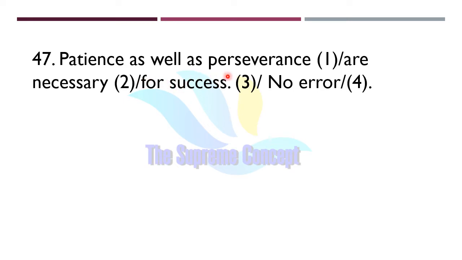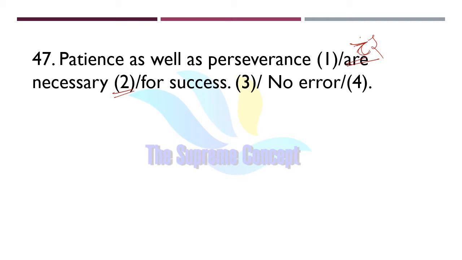Patience as well as perseverance are necessary for success. So find out where the error lies. Yes, the error lies in part 2. You're correct. We will use "is" here. Why so?